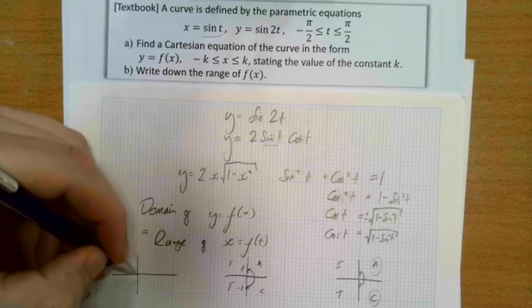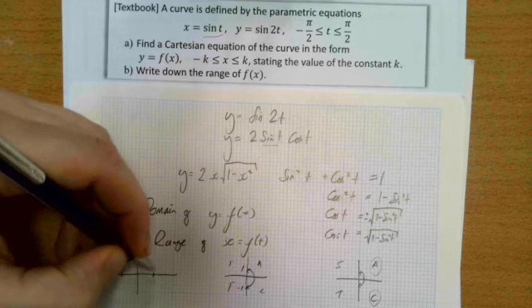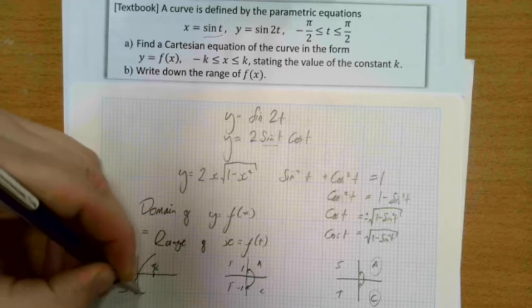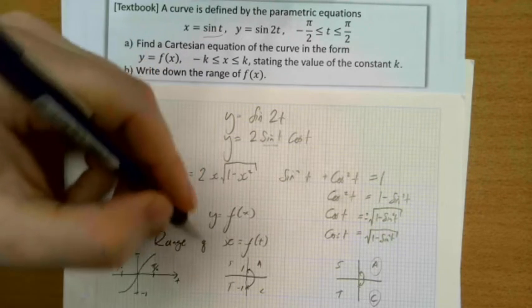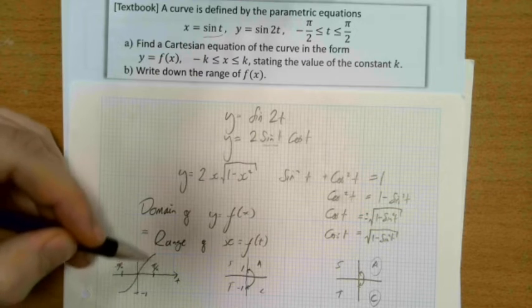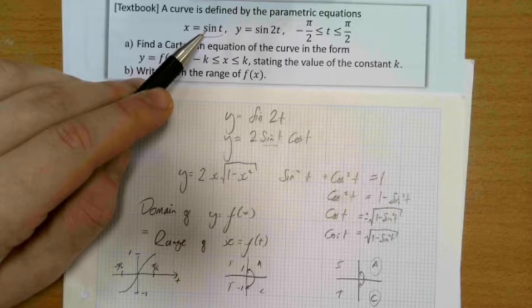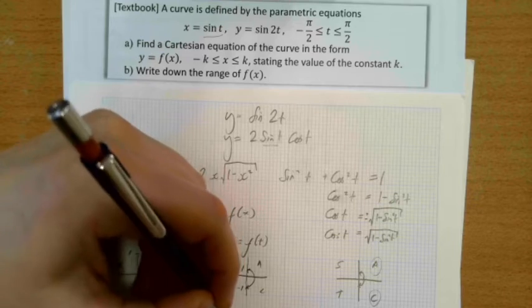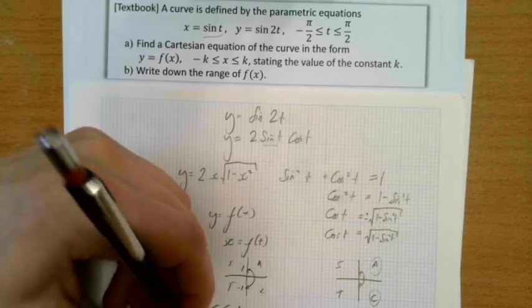So it must be that x can take a value between positive 1 and negative 1, as the sine value can take a value between positive 1 and negative 1, and that must mean that if x is between or equal to 1 and negative 1, my k is equal to 1.